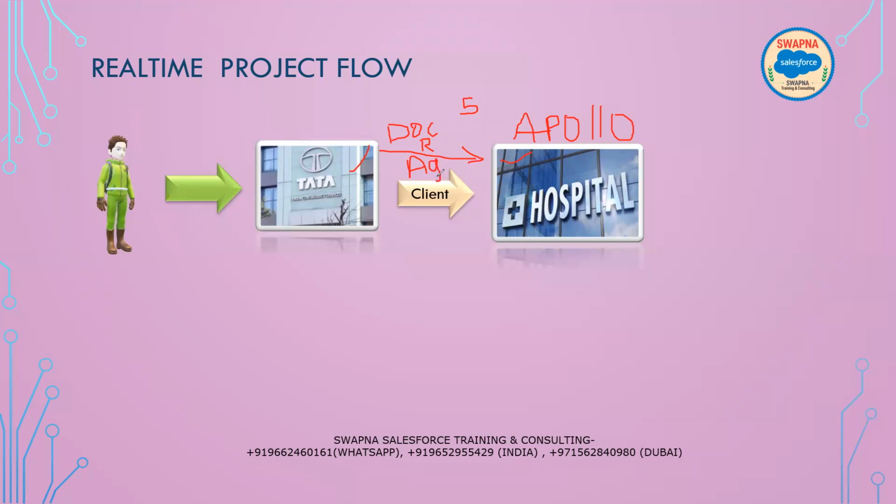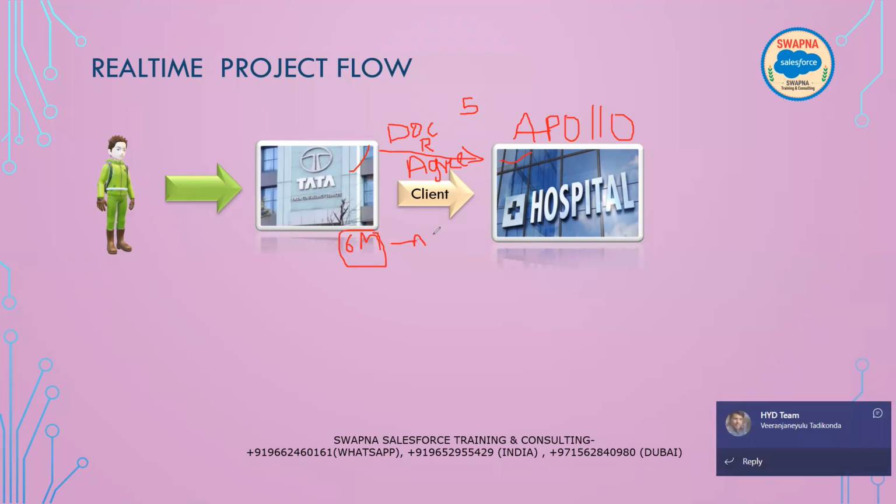The agreement states what TCS is supposed to implement in 6 months, and how much budget Apollo is going to pay TCS for this project over the 6 months.